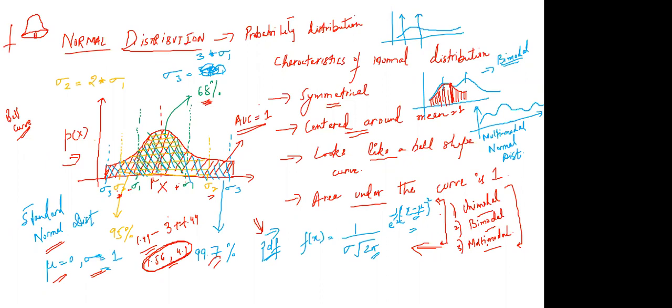You can generate a probability distribution for binomial. Even if I draw bar graphs it will be the same. In case of normal distribution it will be continuous.